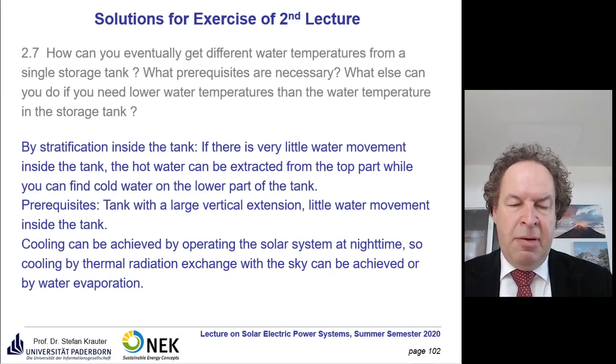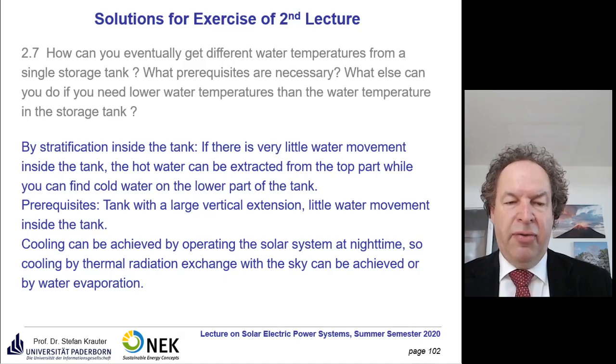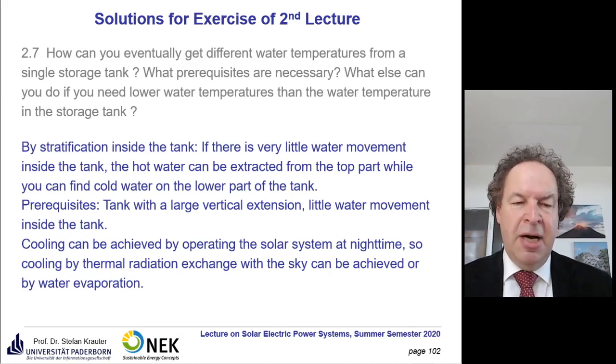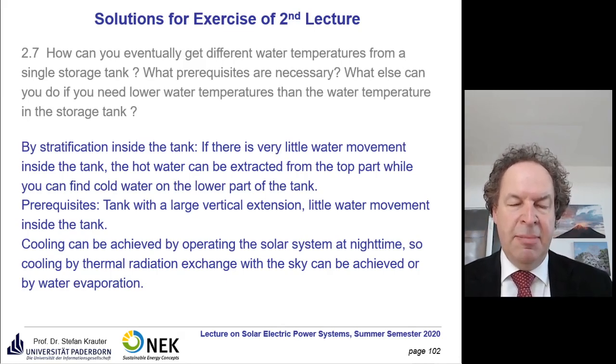Usually, as a prerequisite, you have to have a tank with preferably a large vertical extension and little water movement. Usually, they are mounted horizontally, which is not the best thermodynamically, but due to space limitations.